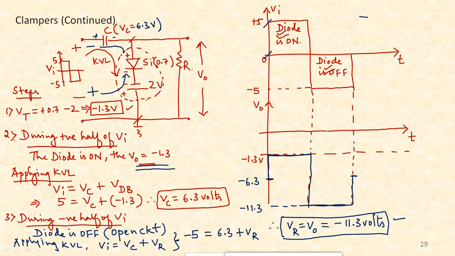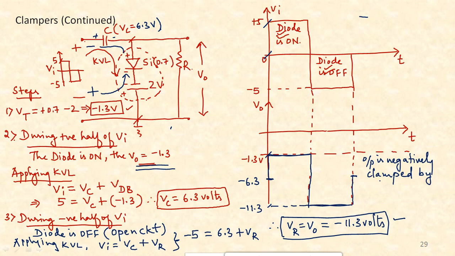So let me just write that the output is negatively clamped. By what amount? When you compare the input signal, the input is from plus 5 to minus 5, but the output is from minus 1.3 to minus 11.3.